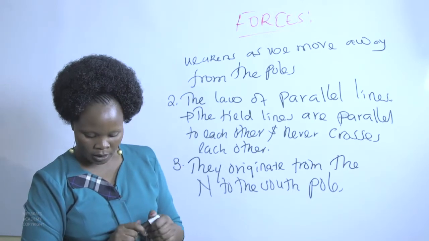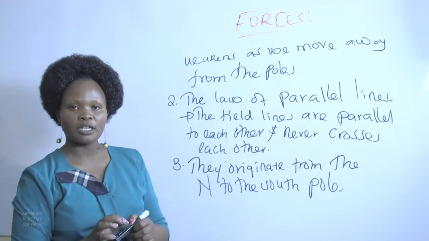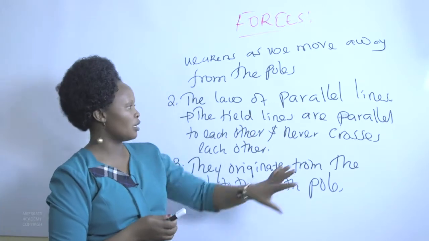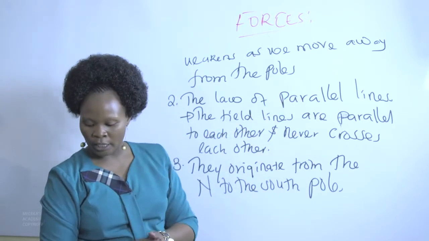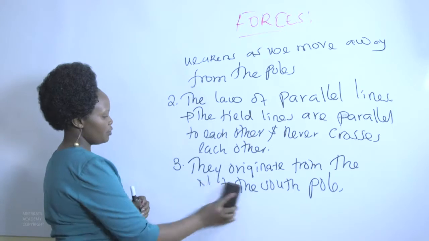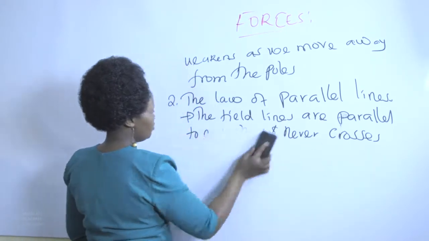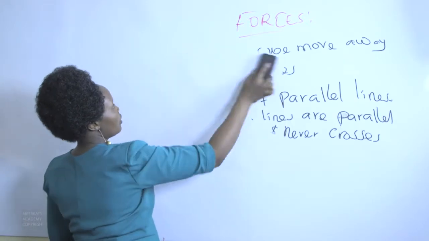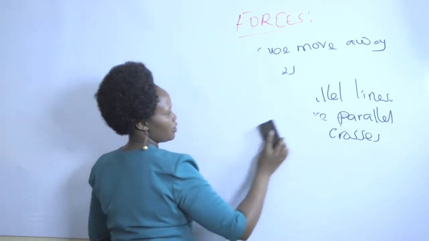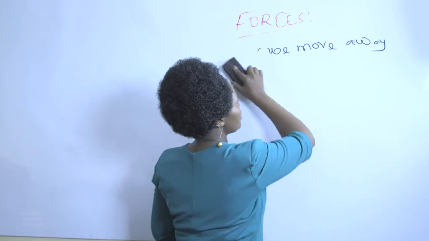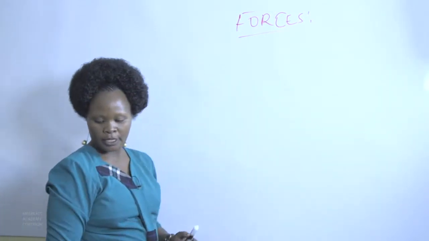Now, just so you can understand the concept of how these lines operate, I want us to look at a few patterns that you can come up with when different poles are brought together.